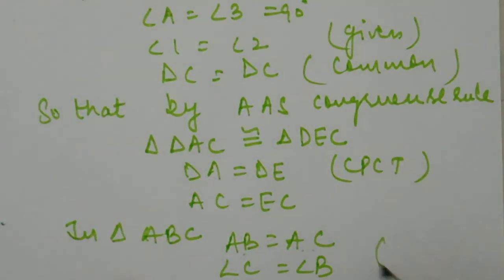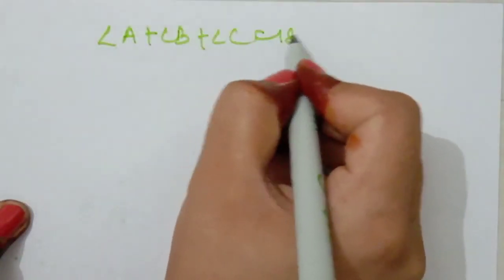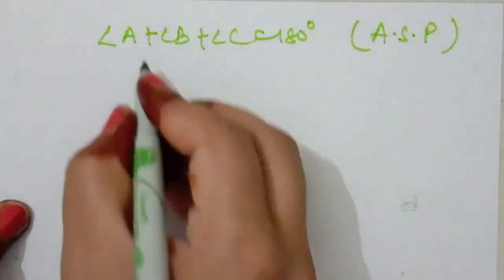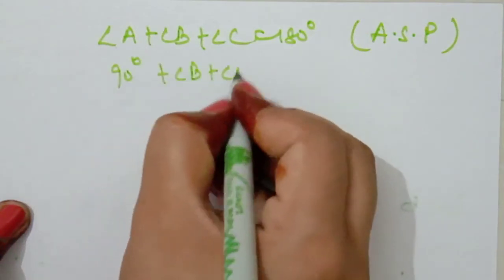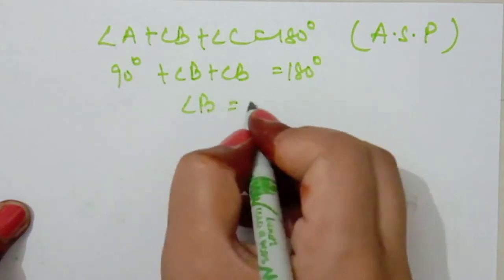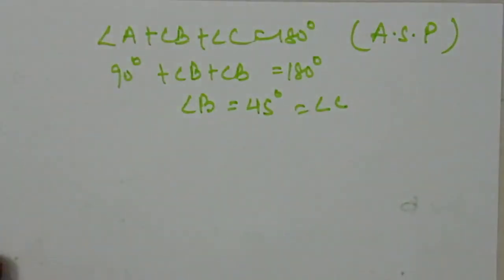You have to write reason here also. So students, angle A plus angle B plus angle C is equal to 180 degrees by angle sum property of a triangle, but we know that angle A is 90 degrees. Angle B plus angle C is also 90 degrees, so angle B is equal to 45 degrees, which is also equal to angle C.